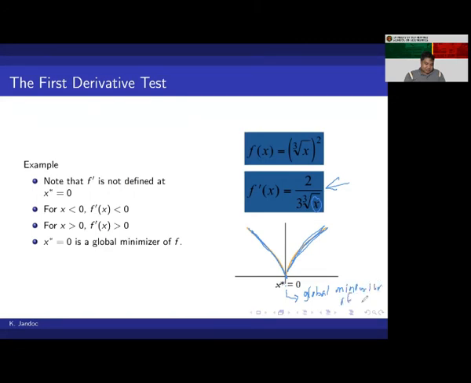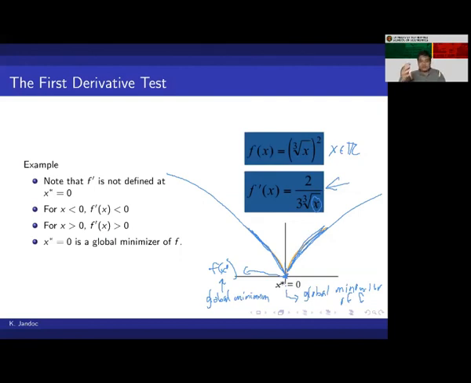It's not explicit here, but let's make it explicit: x is an element of the real number line, so this can extend there and there. Here the value of the function is at its lowest, so x star is the global minimizer because it gives you the lowest value of the function, f of x star. So f of x star here is a global minimum. In fact, it's a strict global minimum if you want to be technical.